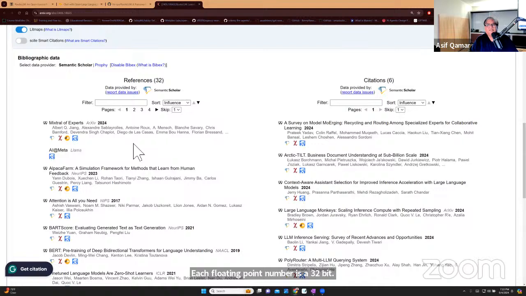It takes 32 bits, 4 bytes, to capture that floating point number. Now suppose you get a 70 billion parameter model. You are all of a sudden looking at 280 gigabytes of space needed, right?